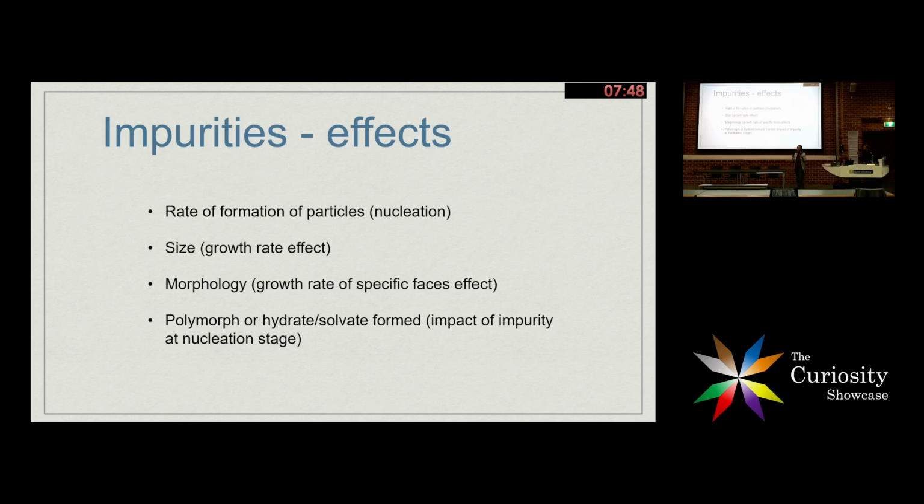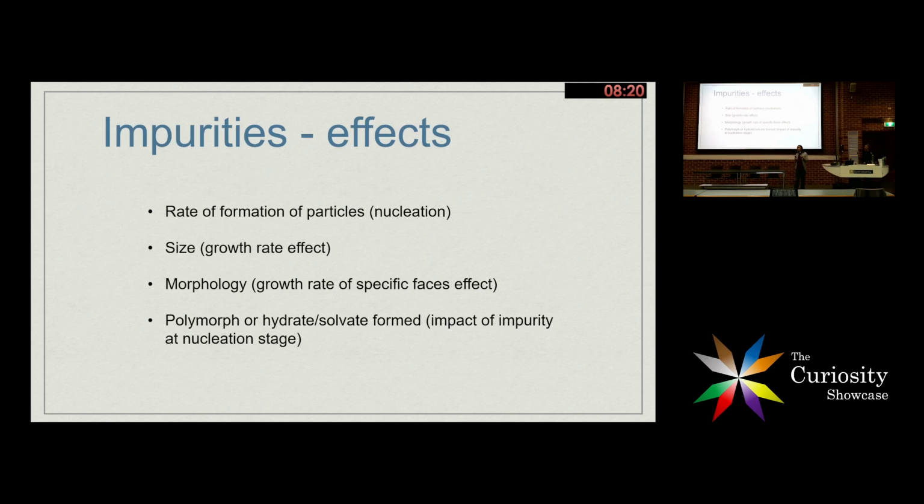They can affect the morphology, the shape. So if an impurity absorbs onto a particular face of the crystal, it will impact that growth rate, and so the shape of the crystal can be altered, sometimes quite significantly. Or an impurity might impact the polymorph. The polymorph is where you've got the same stoichiometry, but you have different packing arrangements of that particular solid.